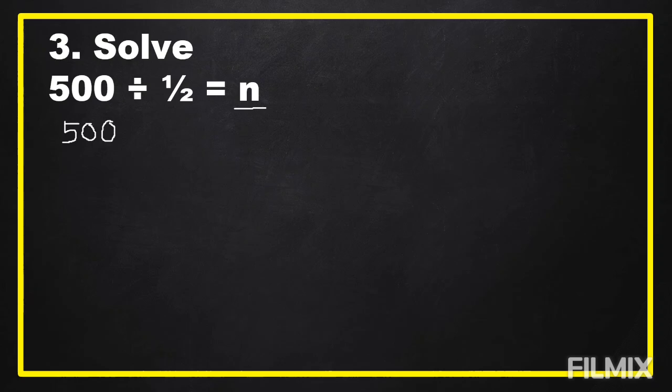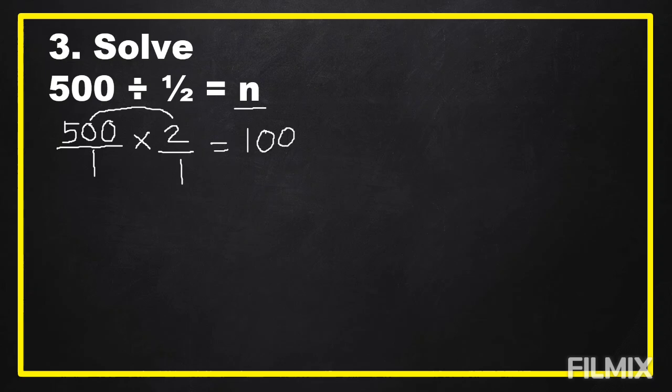So it becomes 500 over 1. Then get the reciprocal of the divisor and proceed to multiplication. The reciprocal of 1/2 is 2 over 1. Then our operation now is multiplication. So 500 times 2, the answer is equal to 1,000.